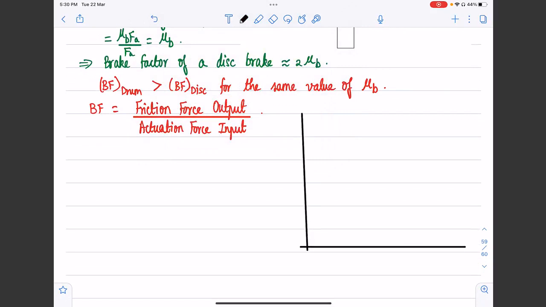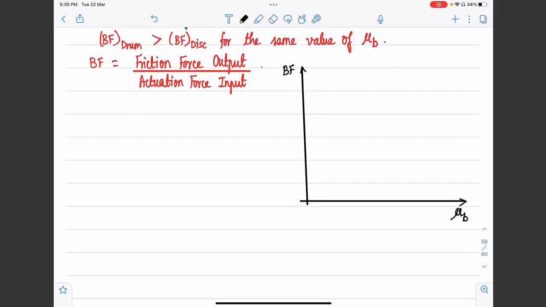So, simple exercise. Now let's plot the variation in the brake factor with mu b for both the disc brake and the drum brake.